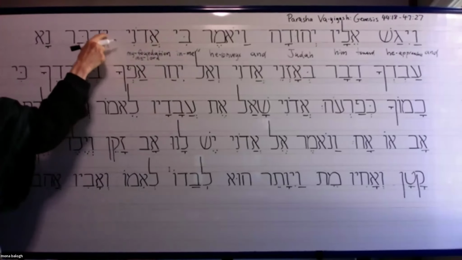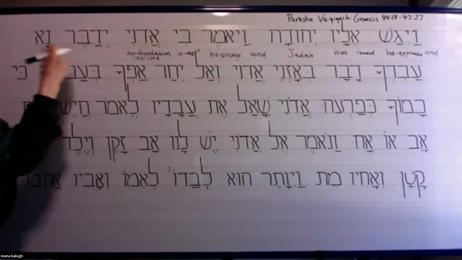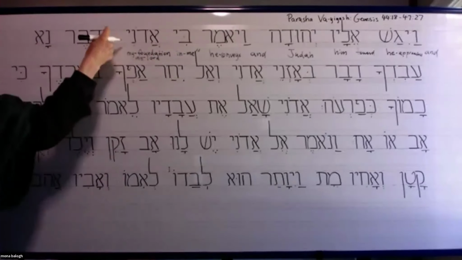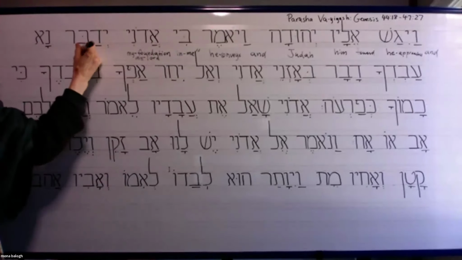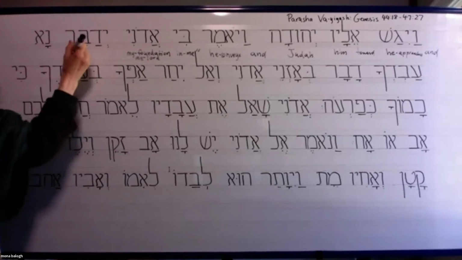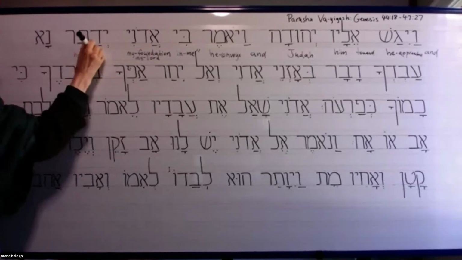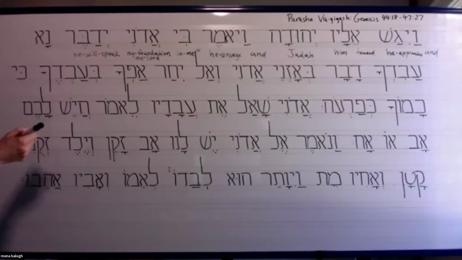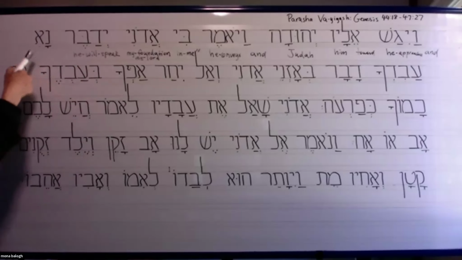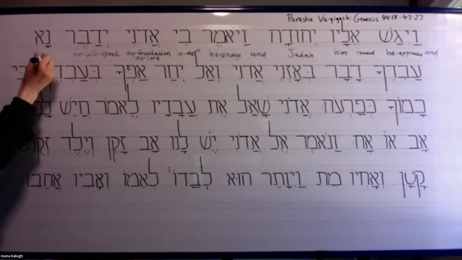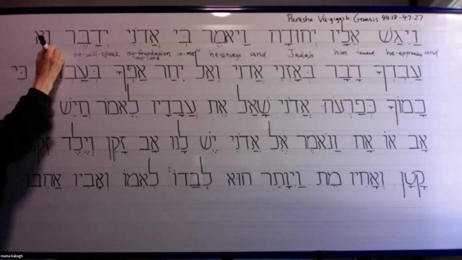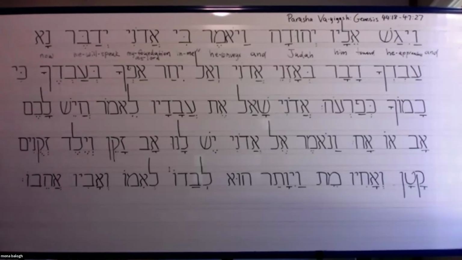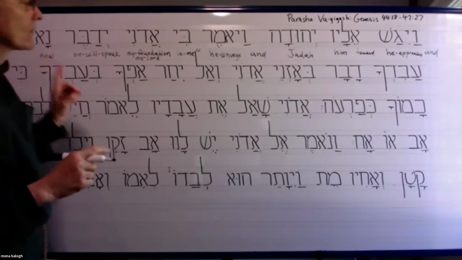Yedaber. Daber means speak, physically speak. Yedaber is future tense, third person masculine: he will speak. Na is a colloquialism that means like now, a little expression of, well. But anyway, he will speak now.